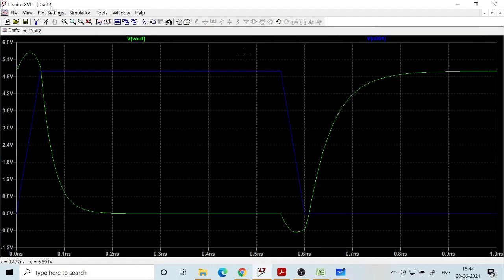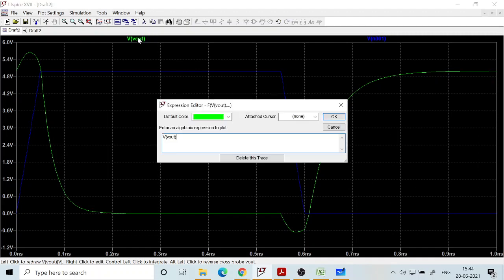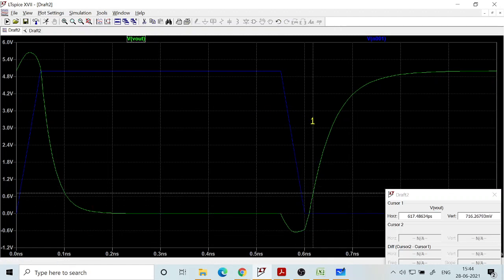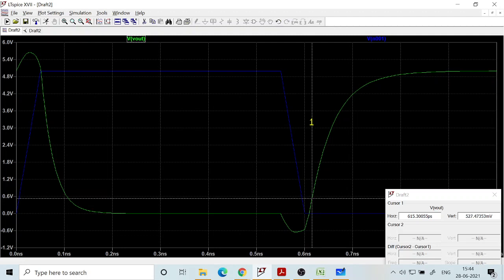So if I bring the cursor, and try to locate a 500 milli, okay, 479, 527.